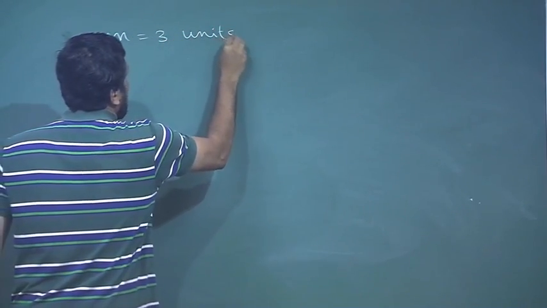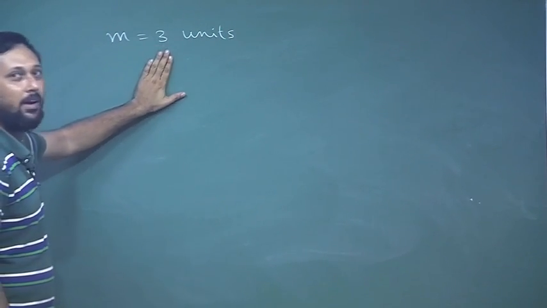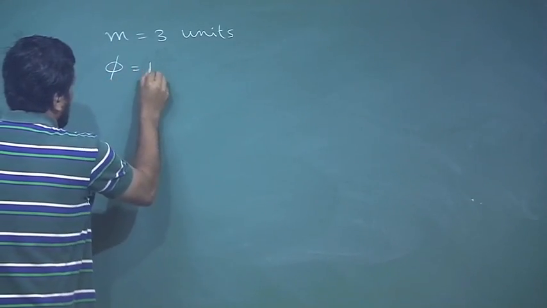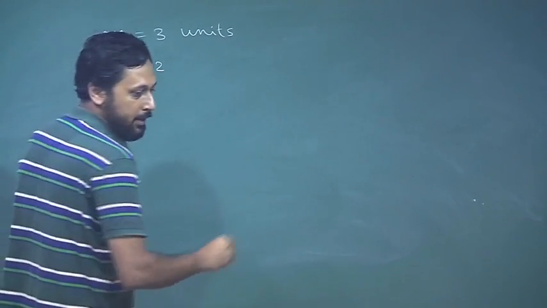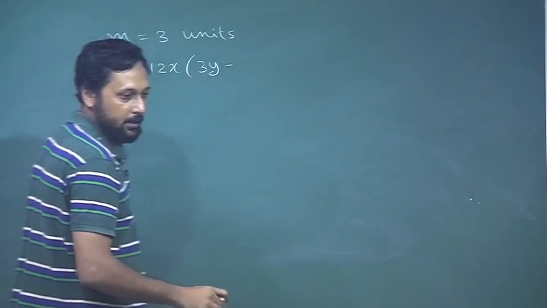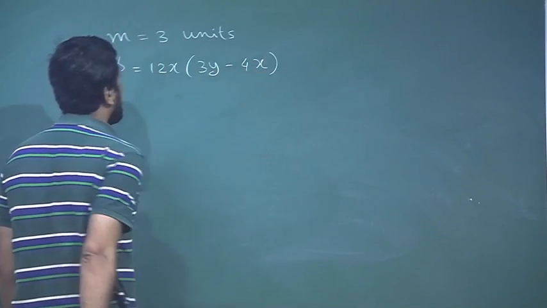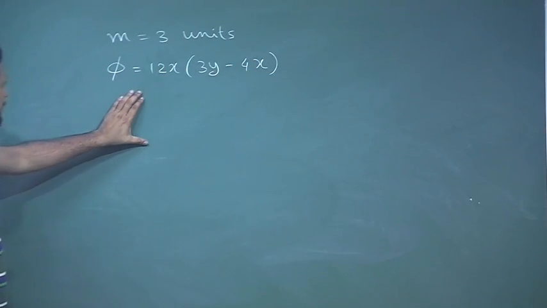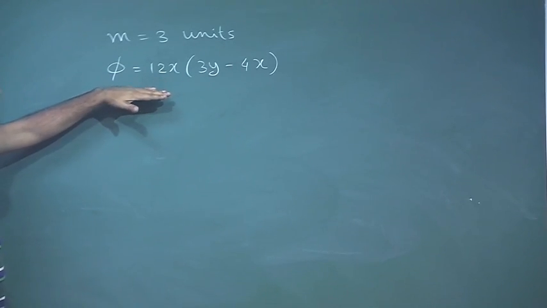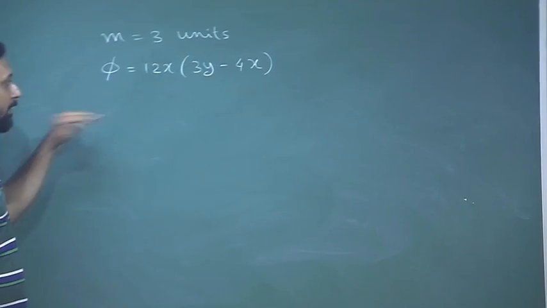Once again, no particular unit is specified, we are just keeping it as a dimensionless number. Phi is given as 12 x cubed y minus 4x. Under the influence of this potential, the particle is moving in the xy plane.